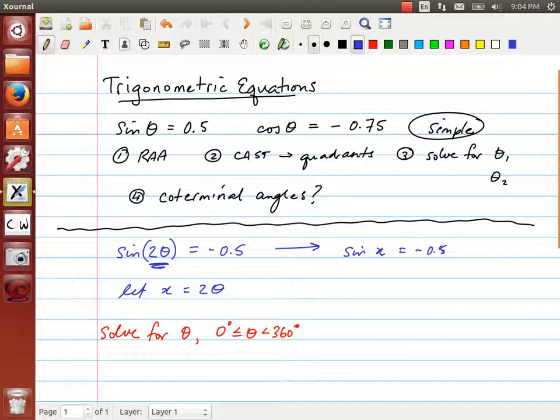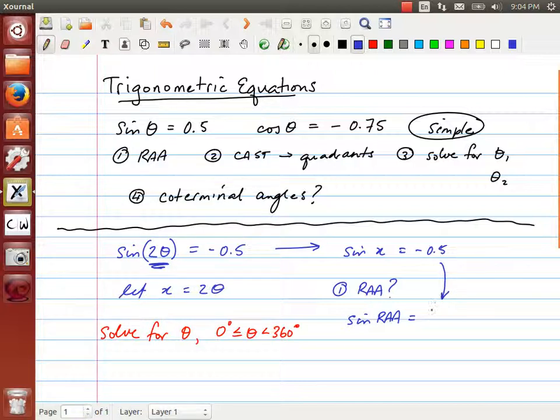Sine of x is equal to negative 0.5. The first thing I'm going to do, my first step, is find my related acute angle. And the way I do that is I say the sine of the related acute angle is equal to the exact same value that I had here, 0.5, except I take the absolute value.